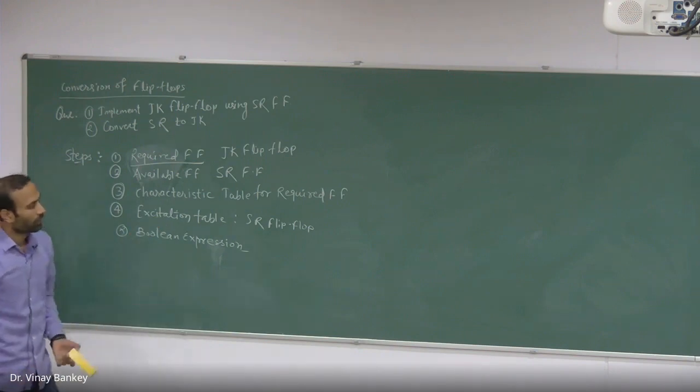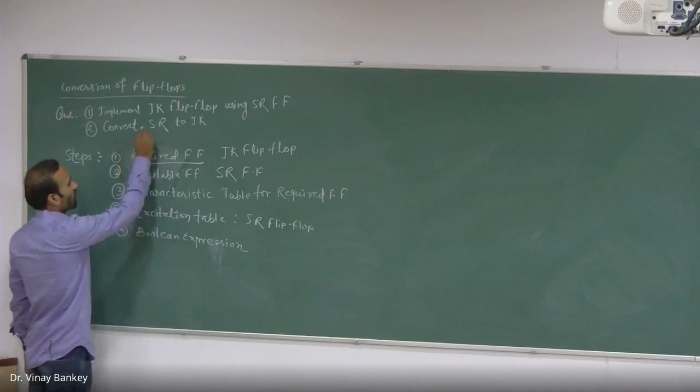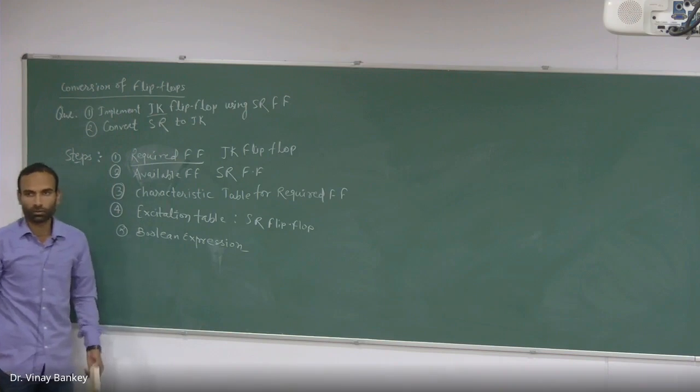Yes, we'll see. Okay, so let's solve this question. We have identified that the required one is JK flip-flop, so we'll write the characteristic table for the JK flip-flop.